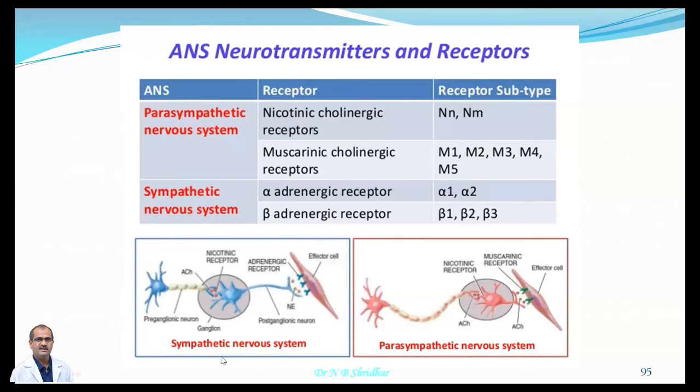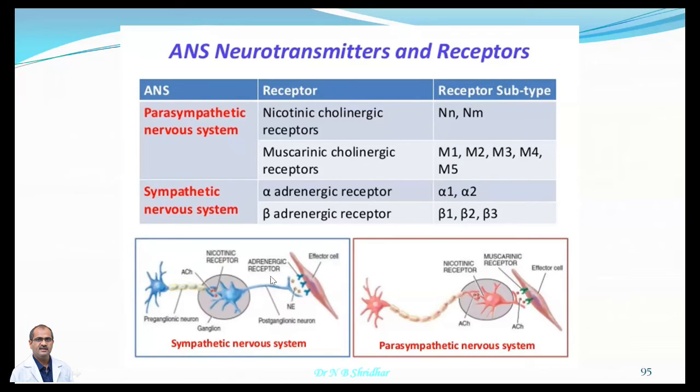In the sympathetic nervous system, with the preganglionic neurons, the type of receptor present on the postganglionic neuron is nicotinic. So acetylcholine is going to act on the nicotinic type of receptor.